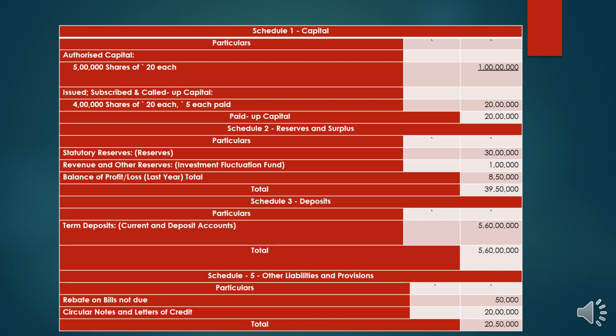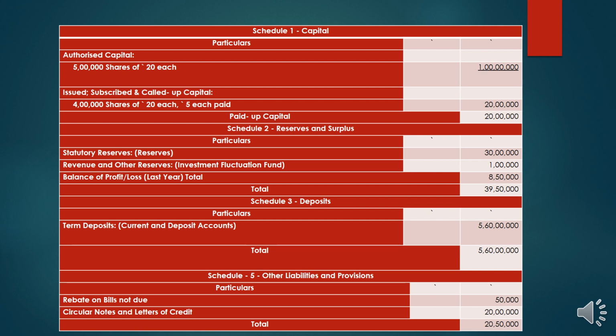Capital. So we have the information on both authorized capital and subscribed capital. Next, reserves and surplus.